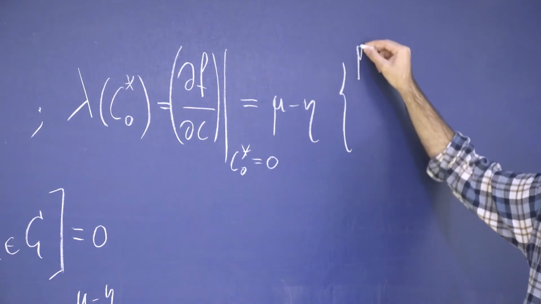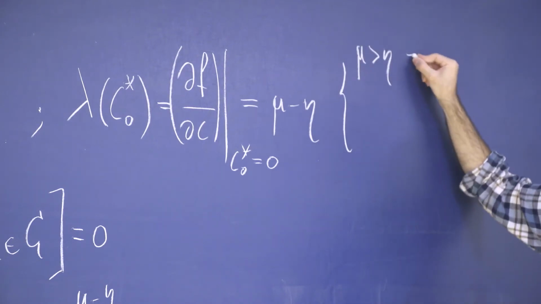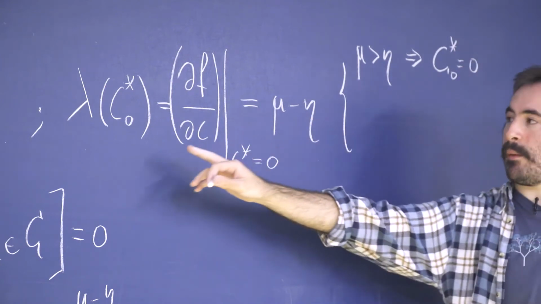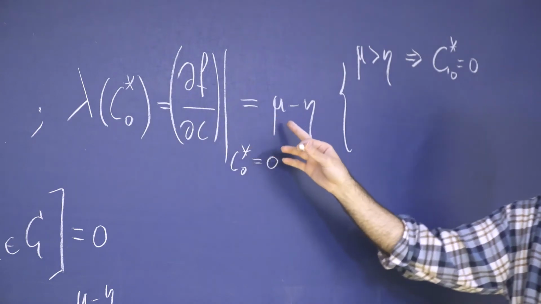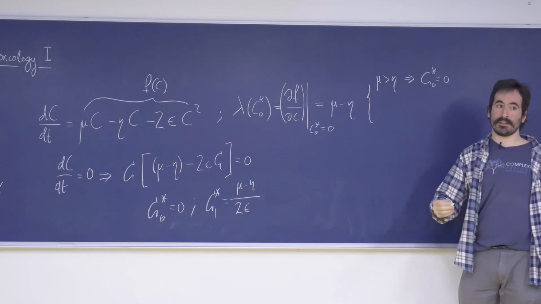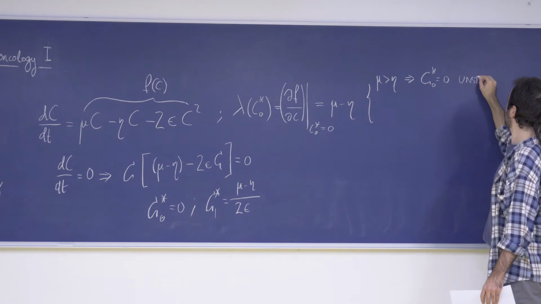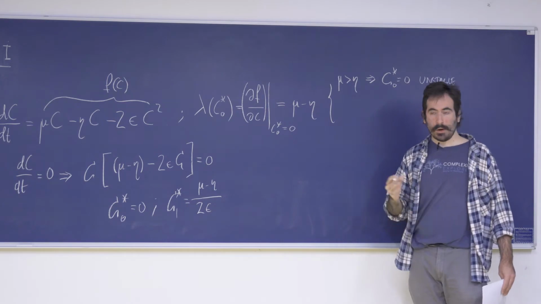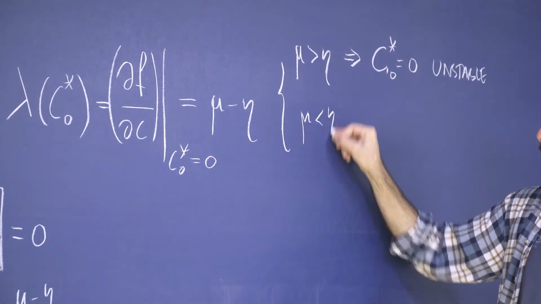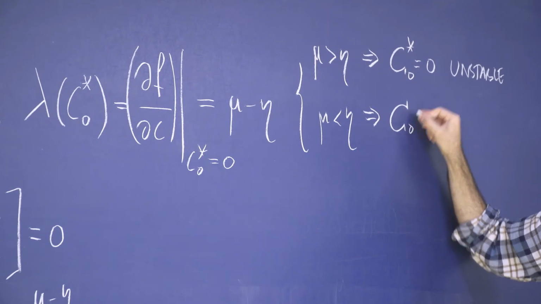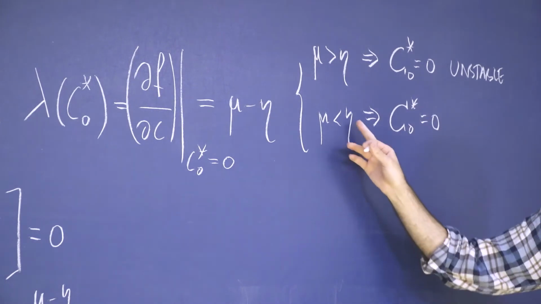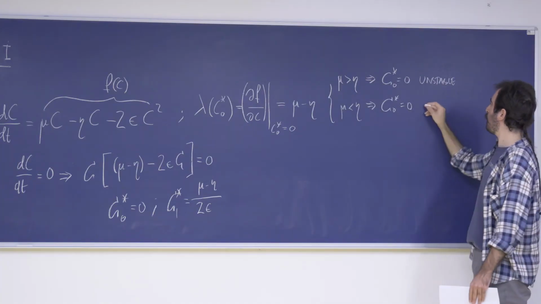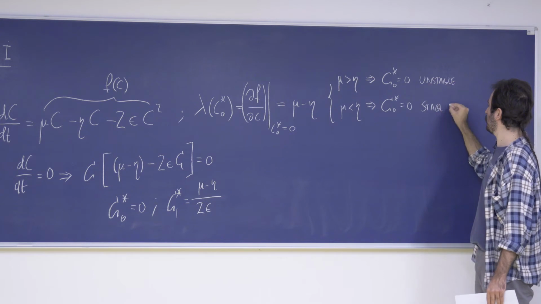In one regime, if mu is larger than eta, this particular fixed point will carry a Lyapunov coefficient that is larger than 0, therefore it will be unstable. Whereas for mu less than eta, this fixed point will carry a Lyapunov exponent that is actually negative, meaning that it's an attractor, and therefore this is going to be a stable fixed point.